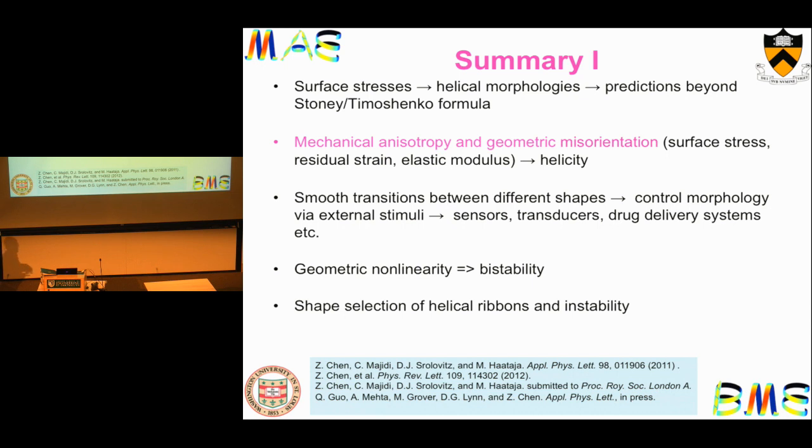And we show that smooth transitions between these different shapes can occur when we tune the parameters, and that if we have control over the morphology via external stimuli, that would give us ways of designing sensors, transducers, or drug delivery systems. And we also show that geometric nonlinearity can result in bistability. And putting these together, we give the principles of shape selection in helical ribbons and with associated instability.